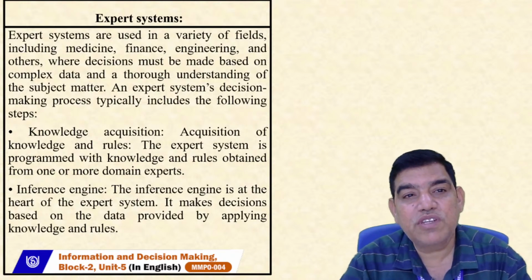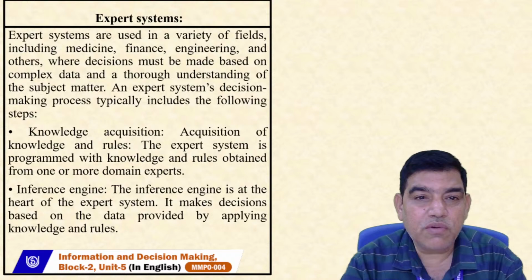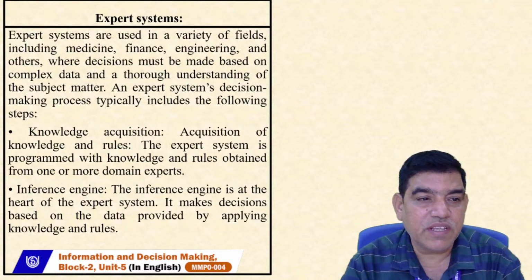Expert systems are used in a variety of fields, including medicine, finance, engineering, and others, where decisions must be made based on complex data and a thorough understanding of the subject matter. An expert system decision making process typically includes the following steps.